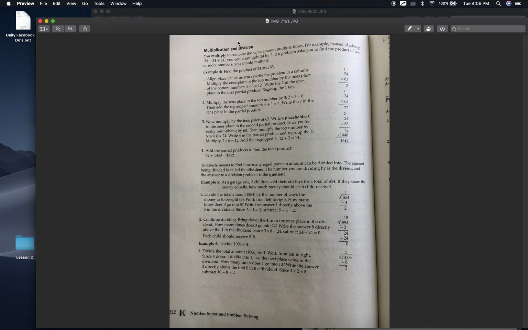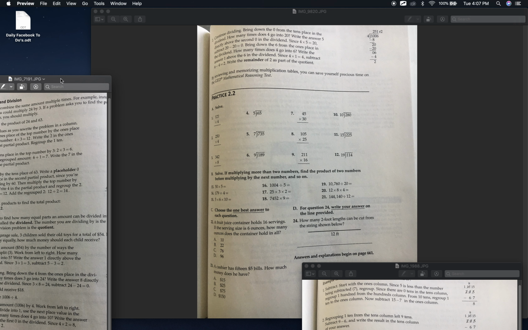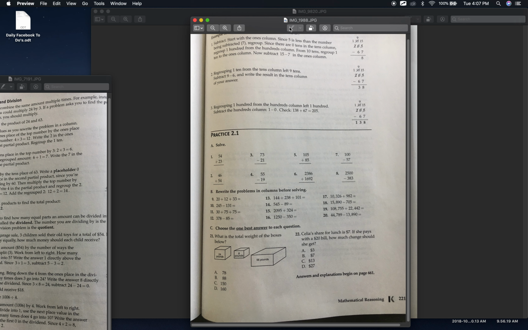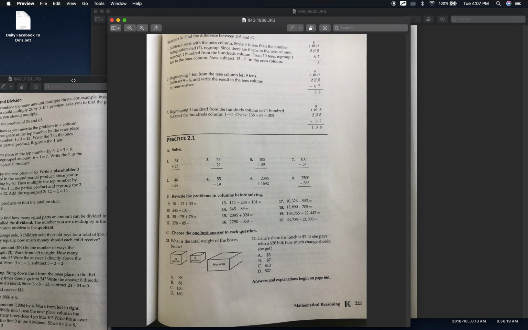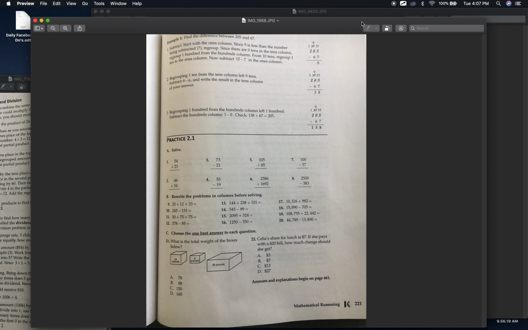Just going to go to my reference over here, because I don't believe actually that this is the next page. Sorry about this, guys. We're actually looking for page 221. Here we go. Okay.